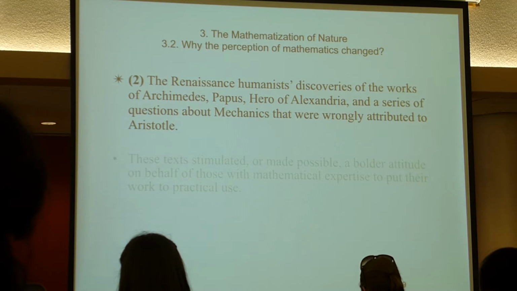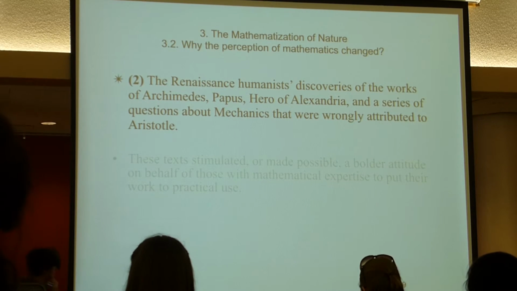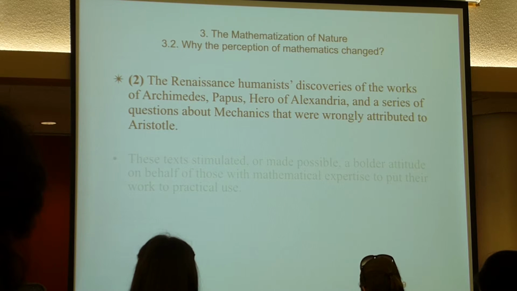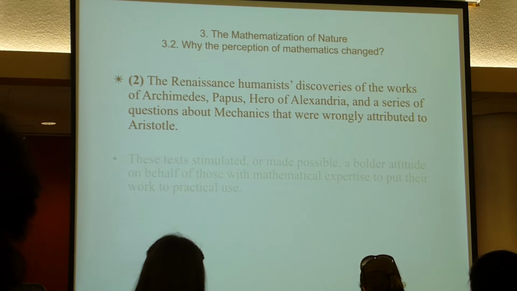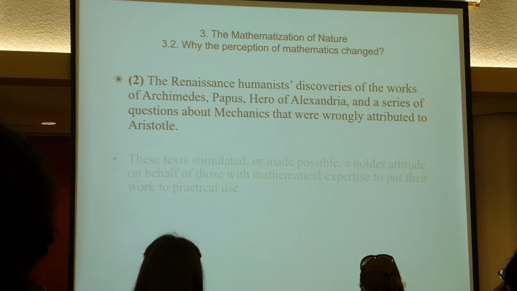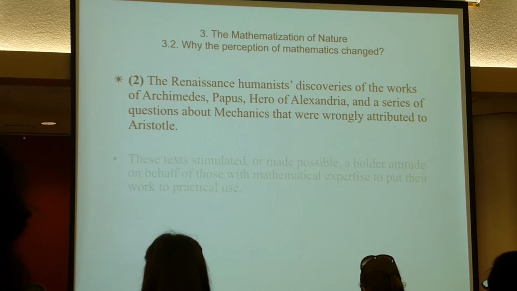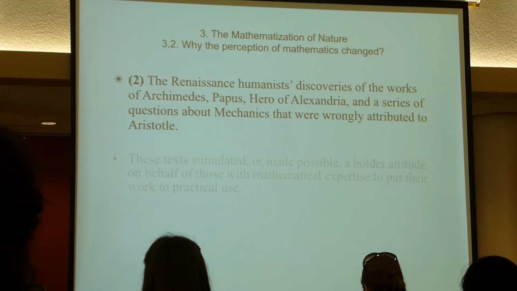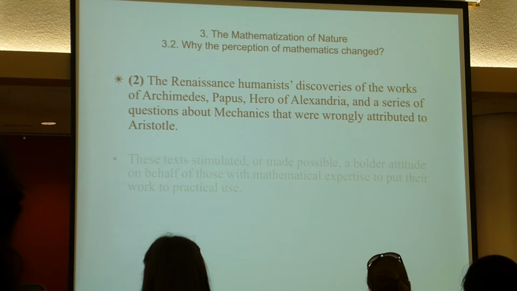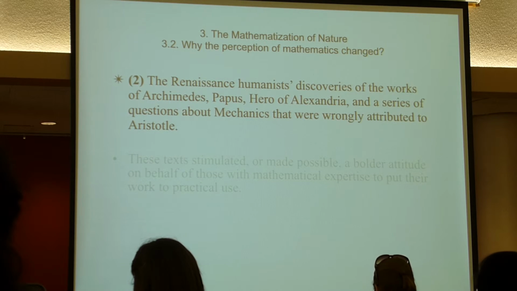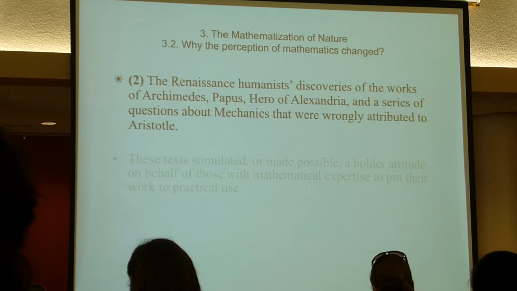Another thing that stimulated the interest in mathematics was the discovery of works of Archimedes, Plautus, and Pappus from Alexandria. These are mathematicians, and even a book with a series of questions that was mistakenly attributed to Aristotle. If it's a book of Aristotle, obviously it's important, but it wasn't a book of Aristotle.